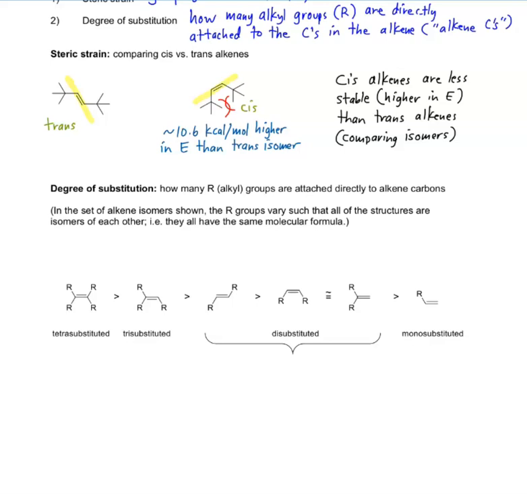The R groups are all going to be different such that all of these things have the same molecular formula. Now, before we get started, let's draw in any missing hydrogens. Remember that in skeletal formulas, and these are examples of skeletal formulas, hydrogens are typically not explicitly drawn.